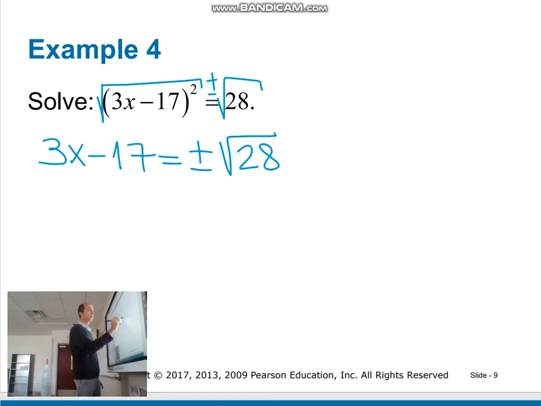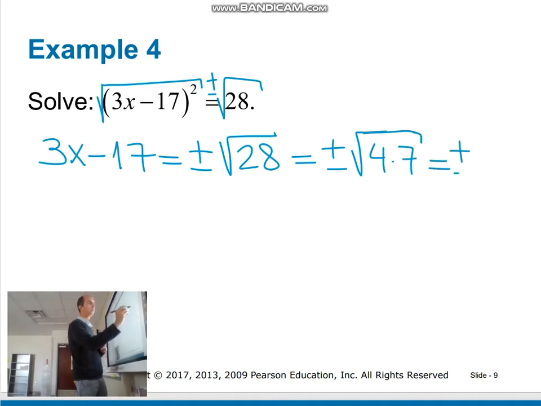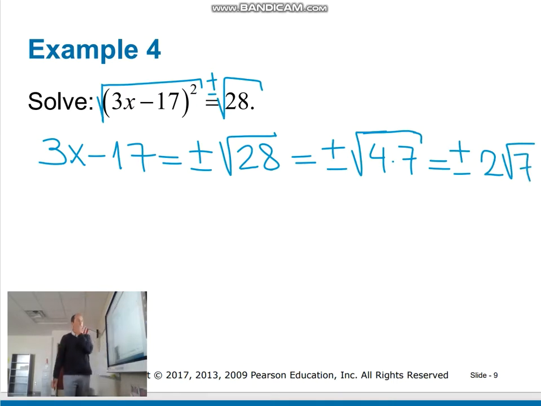The square root of 28 is not a perfect square, but we can simplify. We can say 28 equals 4 times 7, and this equals positive or negative 2 square root of 7, right?